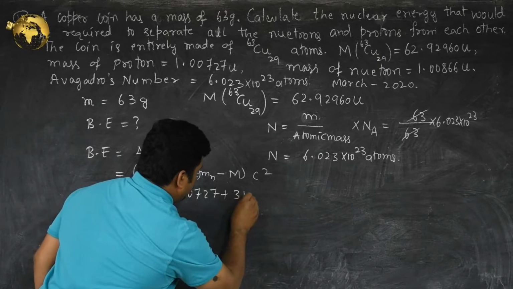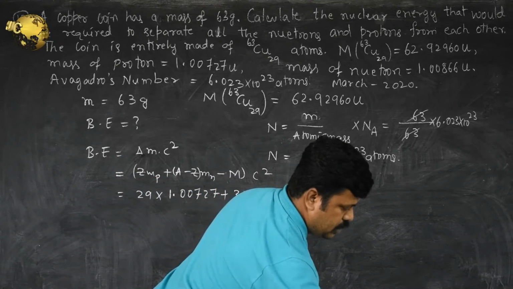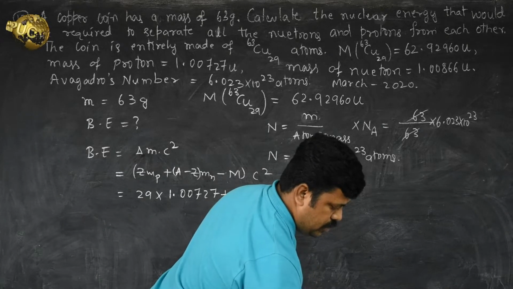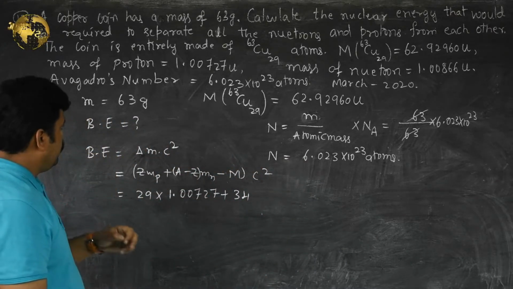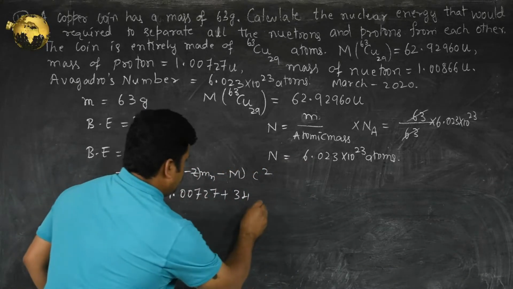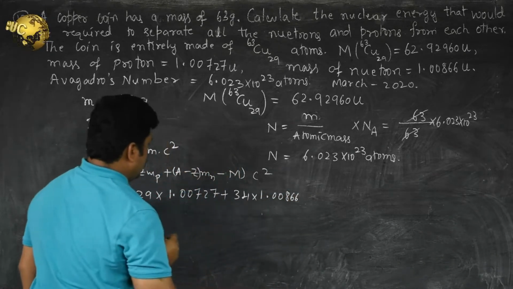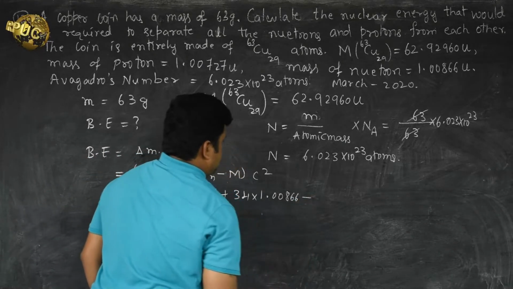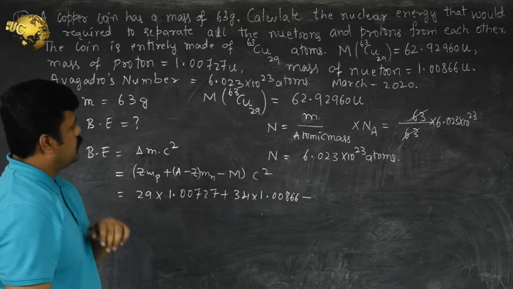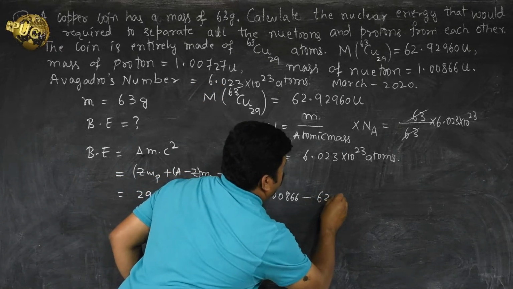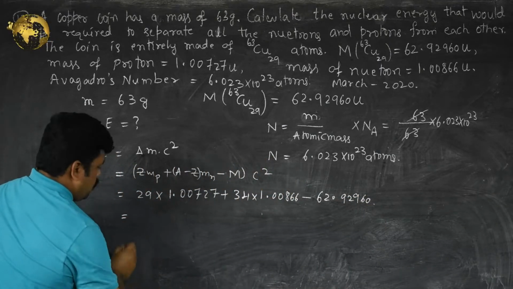So 34 is the number of neutrons. The mass of neutron is given, it is 1.00866, minus the total mass of copper, the actual mass, 62.92960.